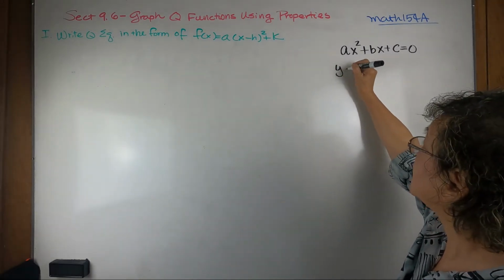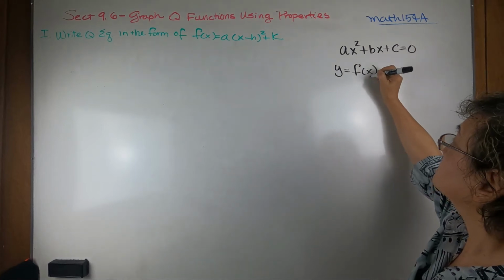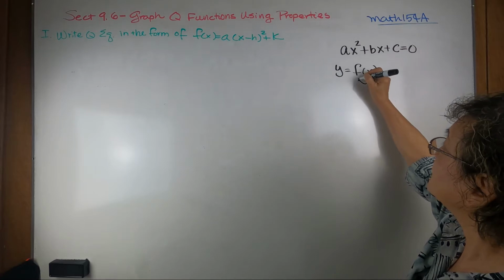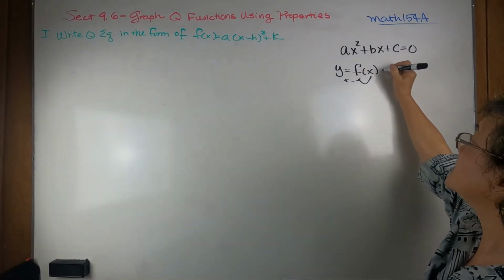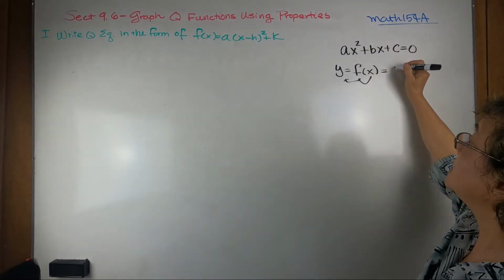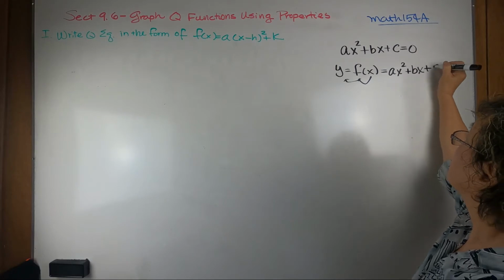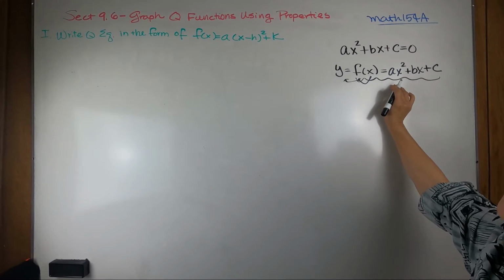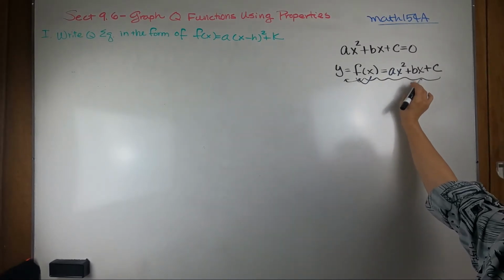Go through x, go through f, then get to y, right? Then f of x is in the second degree polynomial form this way. So we call this the quadratic function in standard form, right?